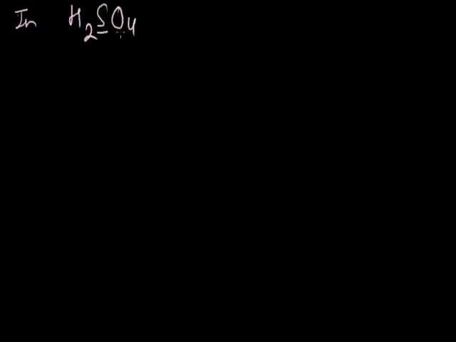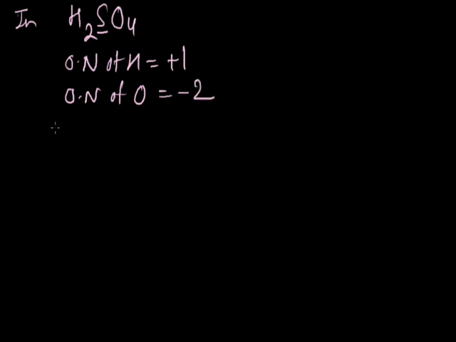Now we can take another example, H2SO4. We have to find out the oxidation number of sulfur. Now we consider the oxidation number of hydrogen is equal to +1, the oxidation number of oxygen is equal to -2, and we consider the oxidation number of sulfur is equal to x.